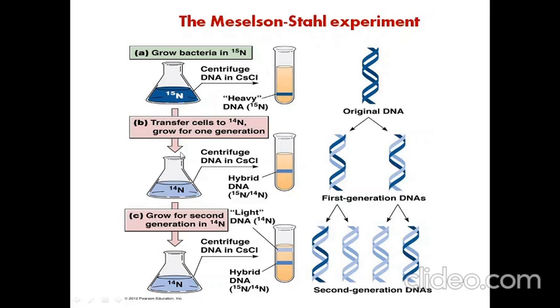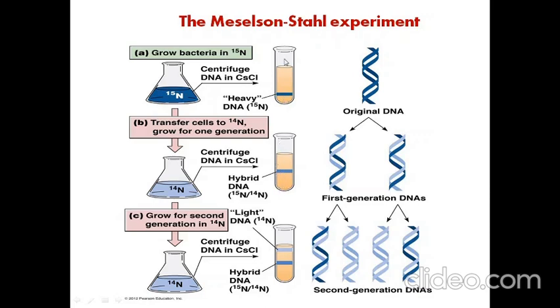E. coli takes approximately 20 minutes to double, or divide. So after one generation in the N14 medium, the cells were again centrifuged in the cesium chloride density gradient centrifugation machine, and here we found the band upward from the previous one.